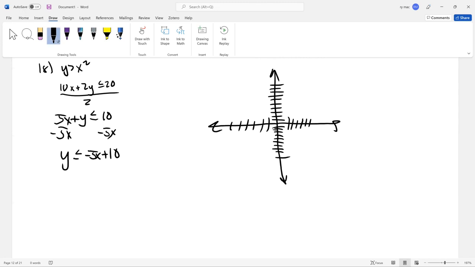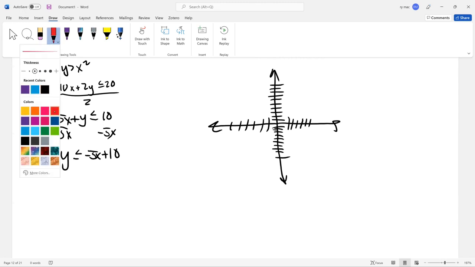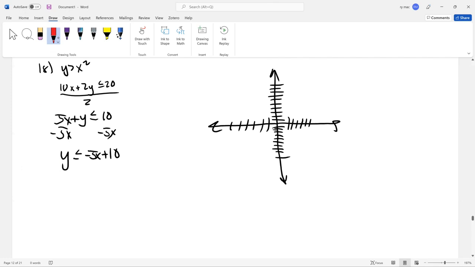For my first one, it is just a parabola that starts at 0, 0. So 0, up 1 over 1, then up to 2, 4. You can tell where that is, like about there, and then 3, 9, like there. And remember, this one is dotted because it is just a greater than sign.